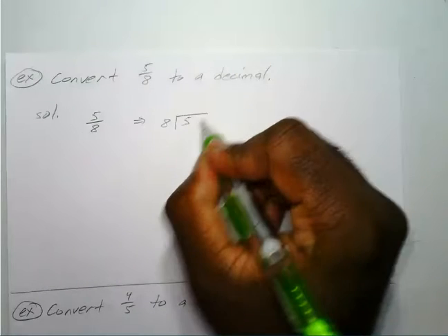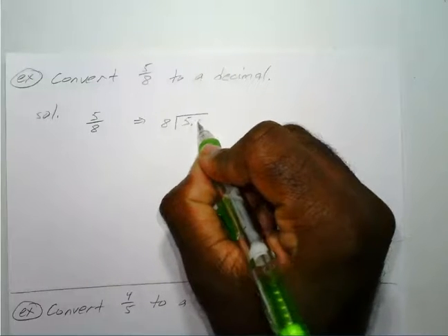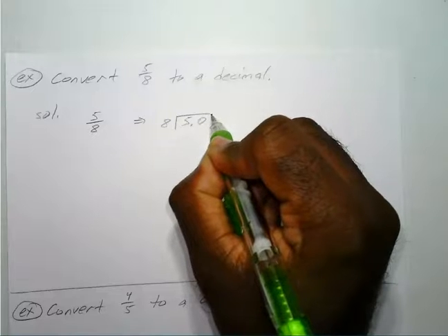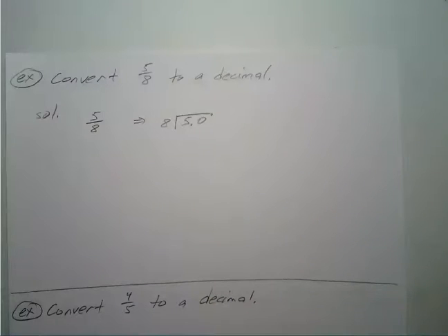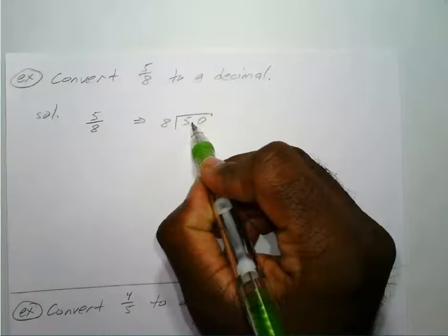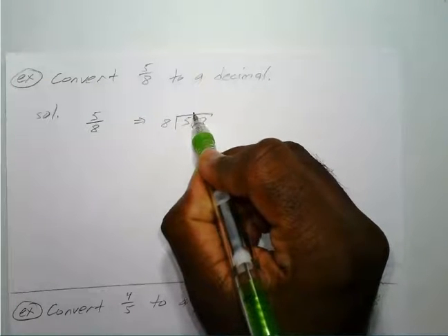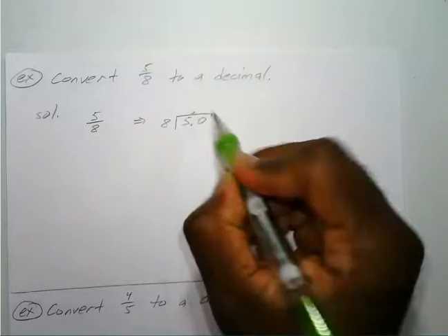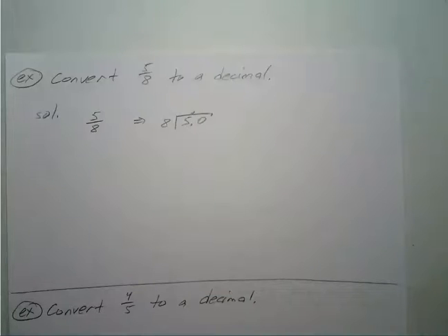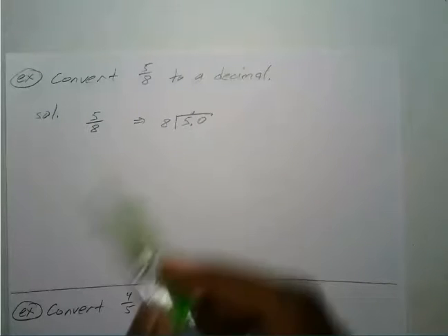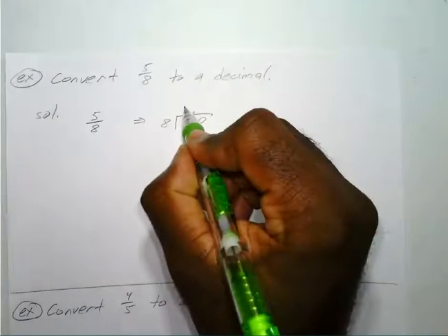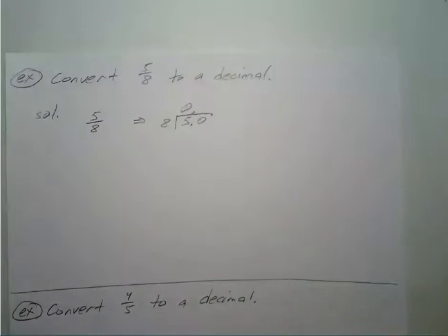Instead of 5, we're going to make it 5.0, just for now. We can always add more zeros after. And remember, when you're dividing, your decimal just goes right up above the division bracket. So 8 goes into 5? It doesn't, so we put a 0 there.